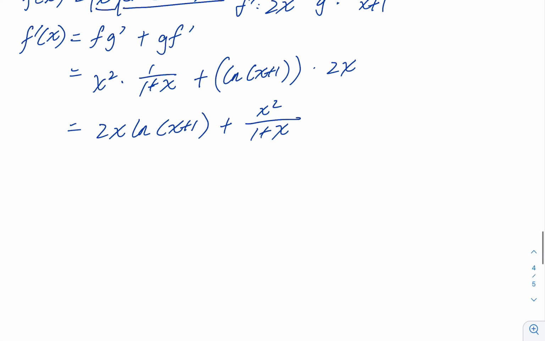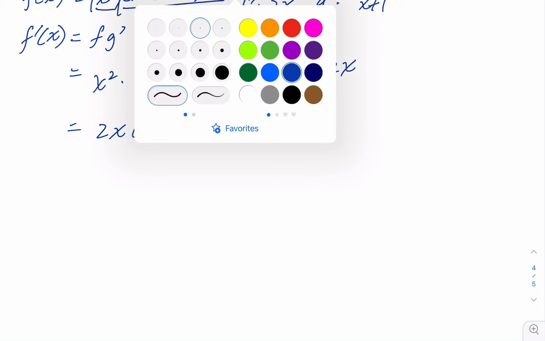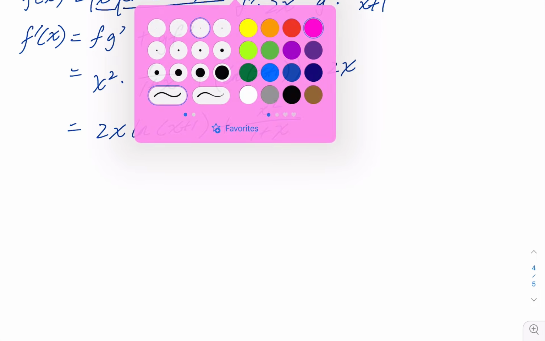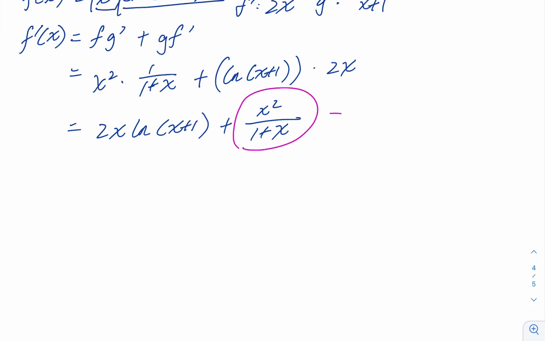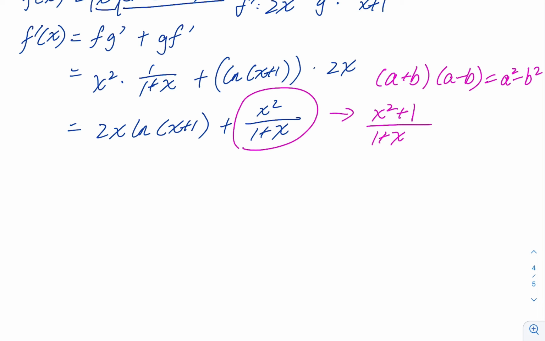I want to make this look simplified. What should I do? So here's a trick. There's this formula, which I think will be useful: a plus b times a minus b equals a squared minus b squared. So, if we add a plus 1 here, you can see we have this pattern, a plus b, x plus 1, a minus b.